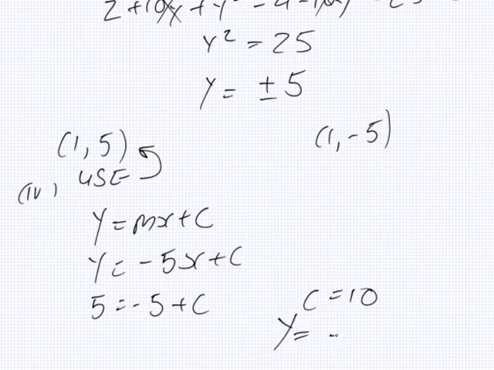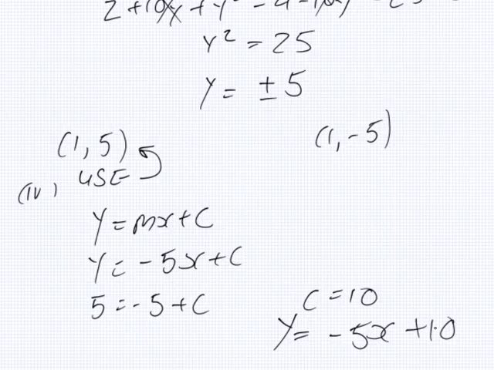Y equals minus 5x plus 10. So really it's asking you to find the equation of a line, because they give you the slope, the gradient is minus 5, and they give you the point.